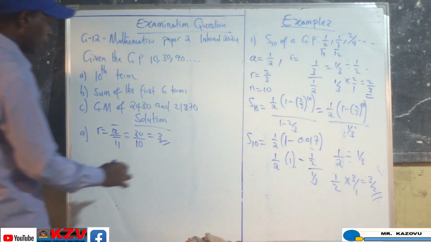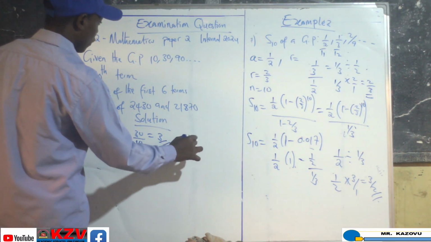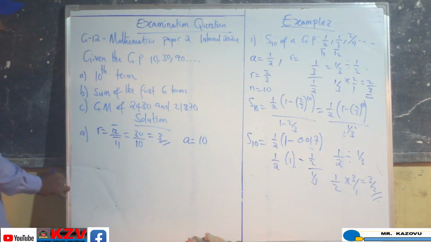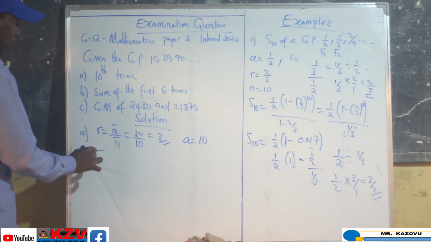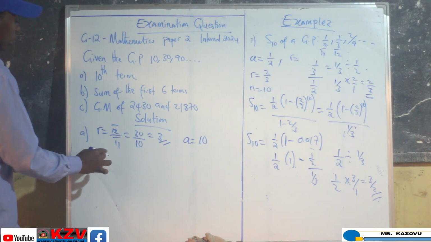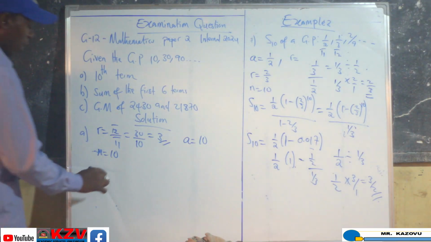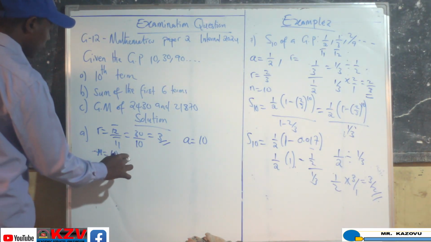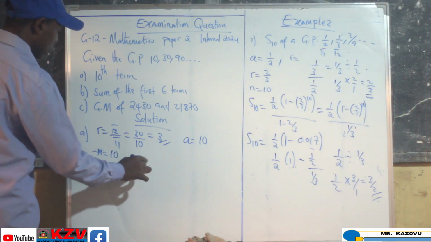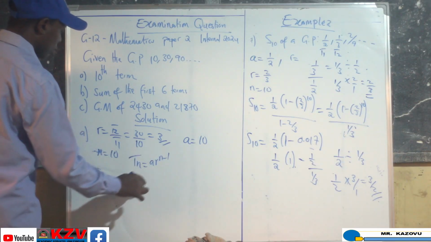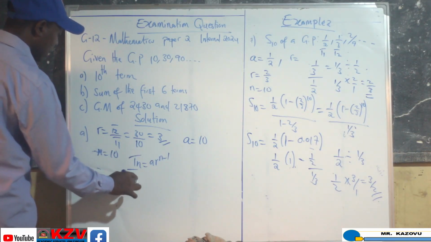And then what else do I need? The first term is 10. Now I have n. What is my n? 10, isn't it? The 10th term. They are saying I should find the 10th term. So Tn is equal to A R to the power n minus 1, isn't it? So I'm finding T10.